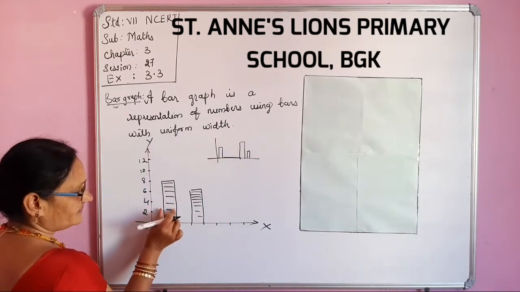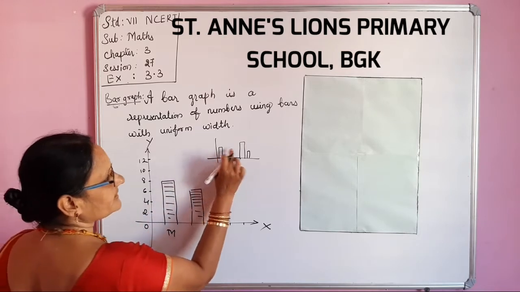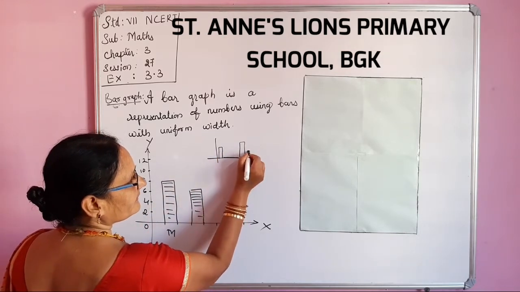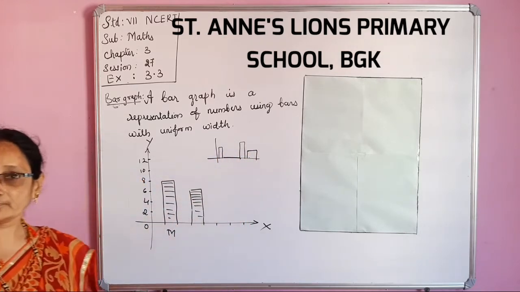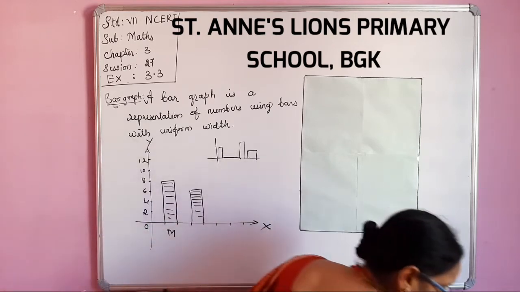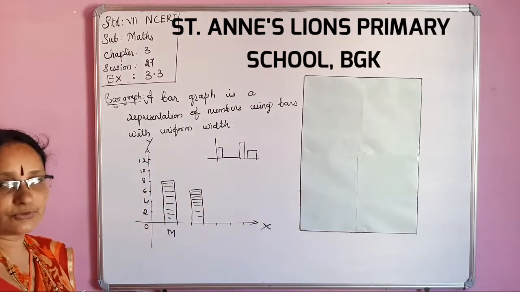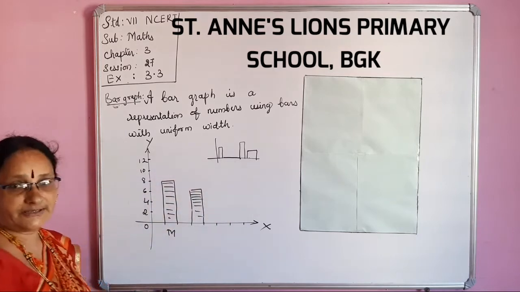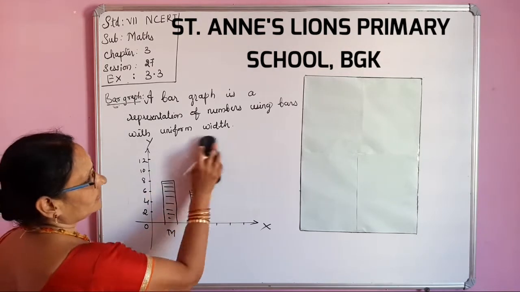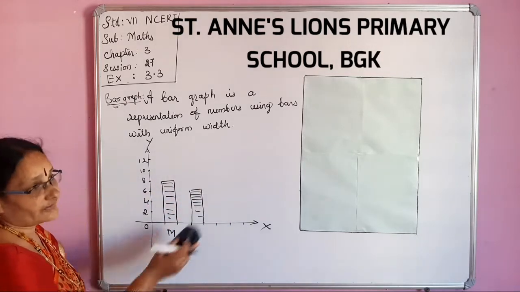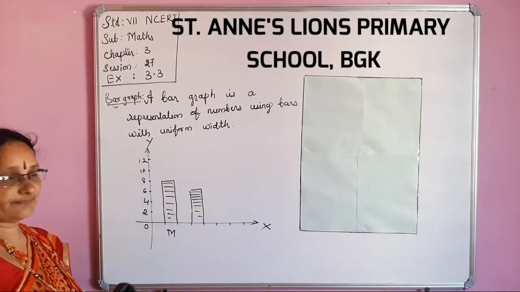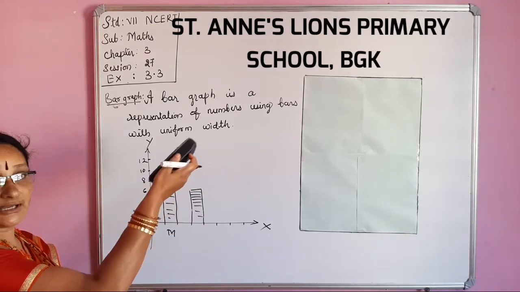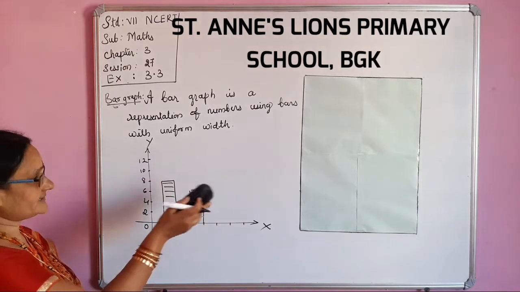Uniform width means same, like this, like this. One like this and another one like this, no, this is the wrong way. What you are doing, that I am explaining to you now. Please try to understand what I am saying. This is the wrong method. So like this you must have it. I will show you on the graph, so that you can understand.